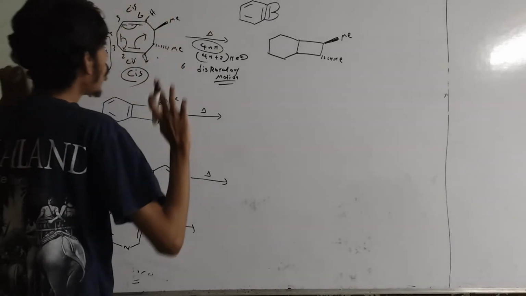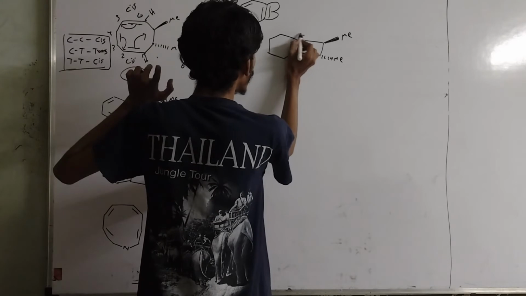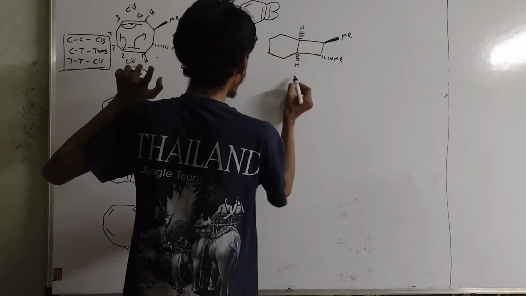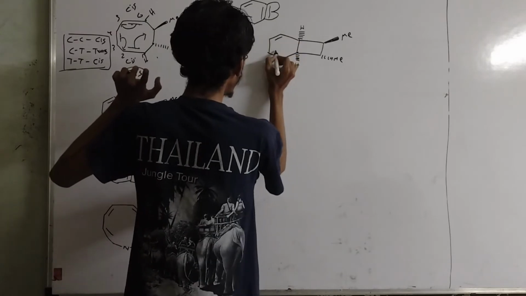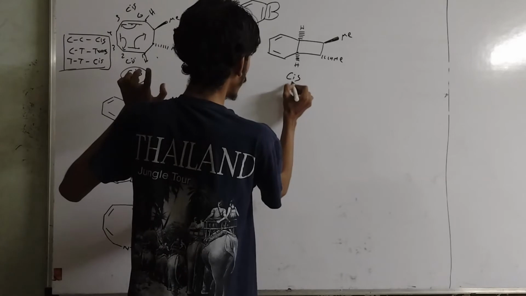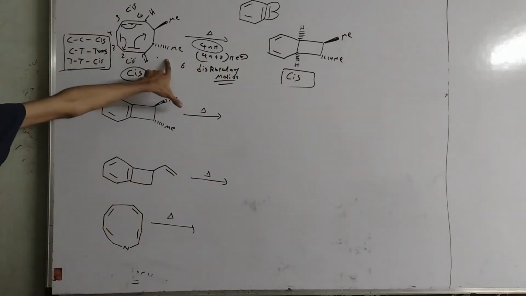So these two hydrogens are also cis in nature, facing in the same direction. So this compound is a cis compound. I hope you understand this question.